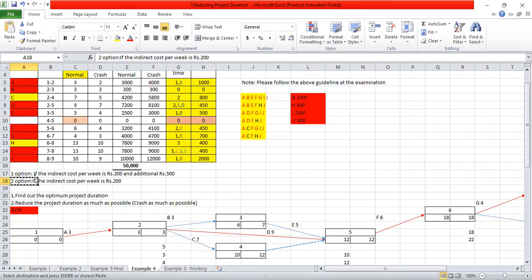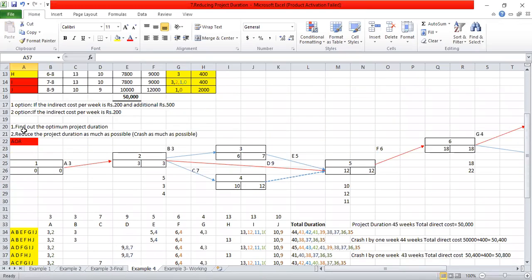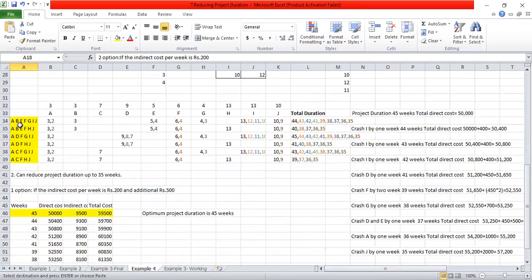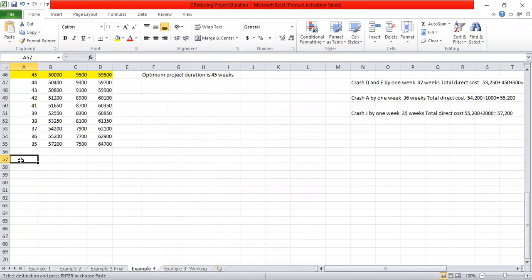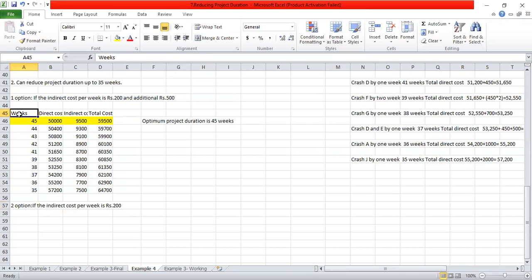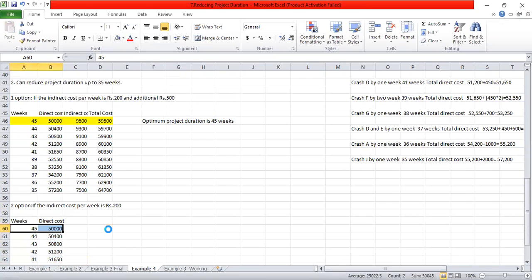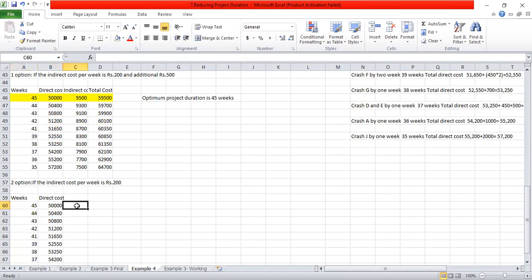For option 2, I know you have to take more time than me, right? I will copy these things to here. So the indirect cost should be changed, right?